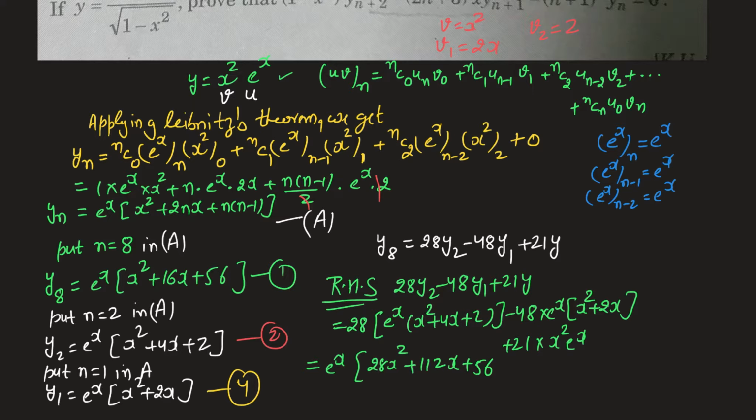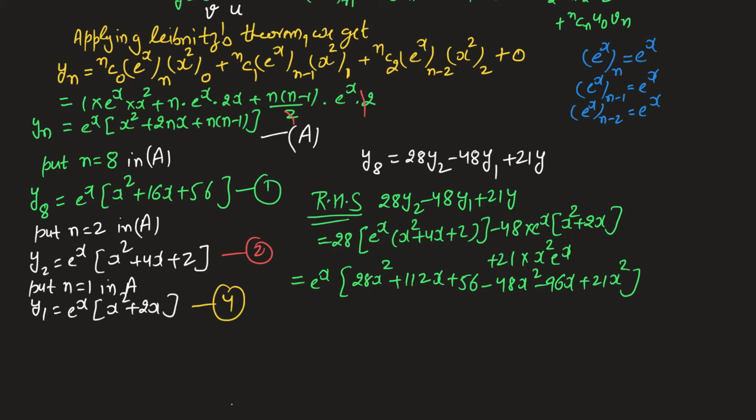This will multiply 2, this is 56, and minus 48 will also multiply, it will be minus 48 x square minus 96x plus 21 x square. Fine.